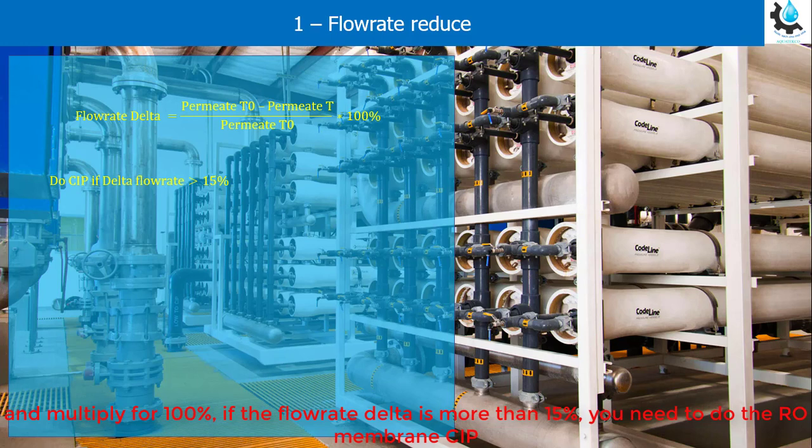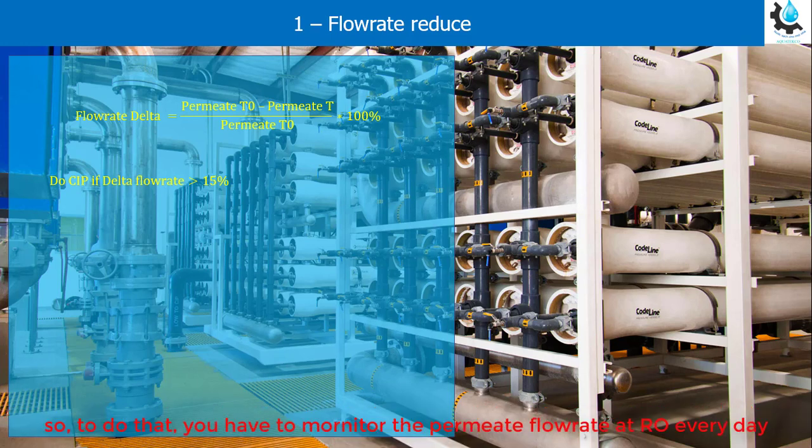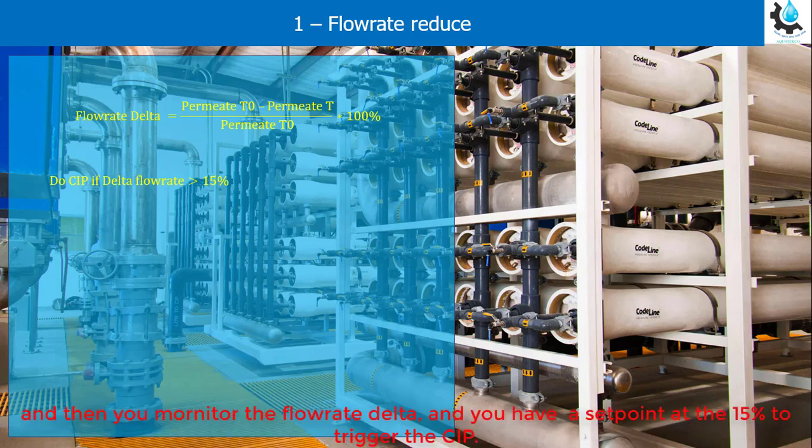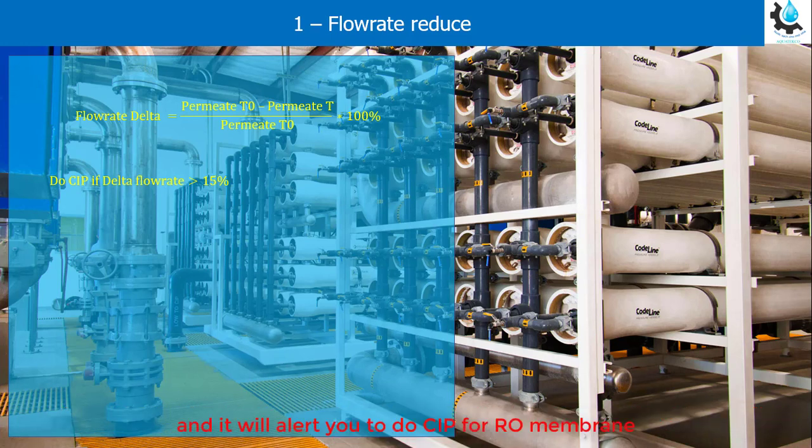If the flow rate delta is more than 15%, you need to do the CIP for RO membrane. To do that, you have to monitor the permeate flow rate of the RO membrane every day, and then you can monitor the flow rate delta. You will have a set point at 15%, and it will alert you when you need to do the CIP for RO membrane.